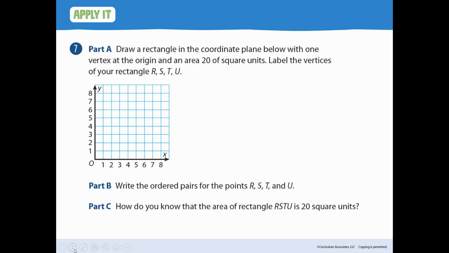Next, draw a rectangle in the coordinate plane with one vertex at the origin and an area of 20 square units. Label the vertices of your rectangle RSTU. Now, here's what we're going to have, guys. We've got to have 20 in there, so it's either going to be a 4 by 5, like this, or it is going to be a 5 by 4.